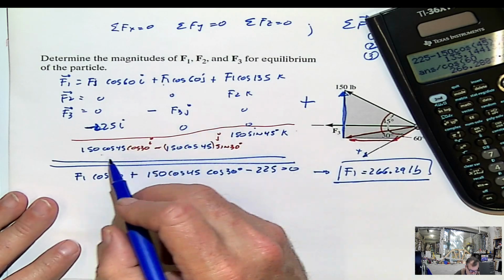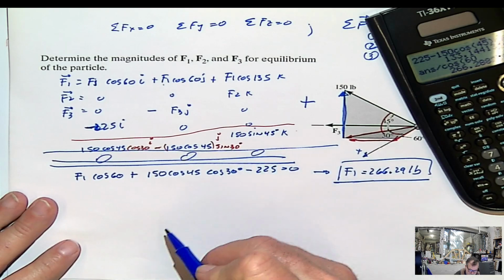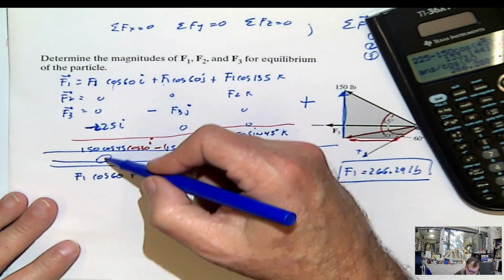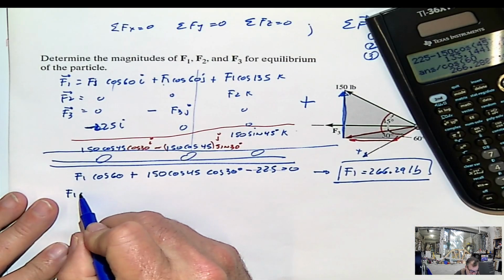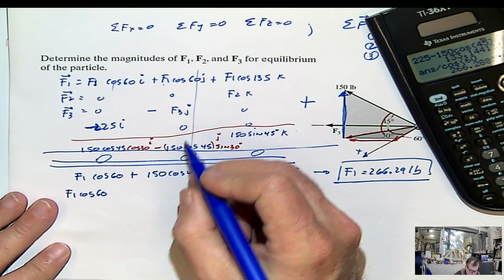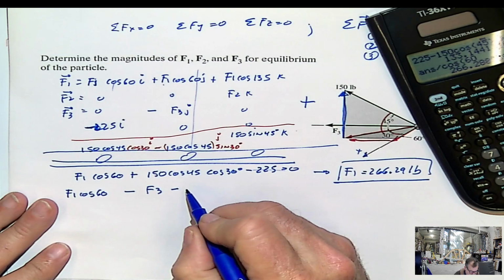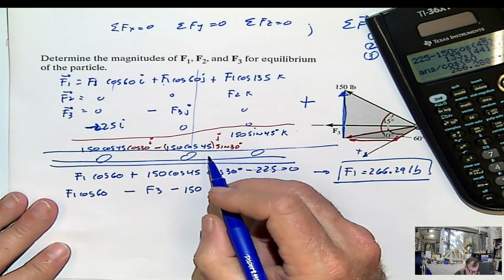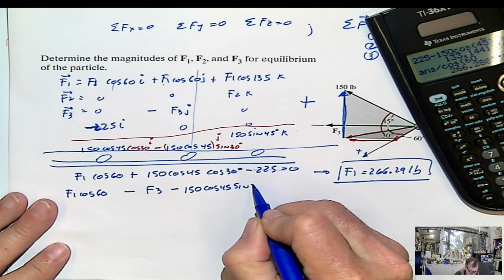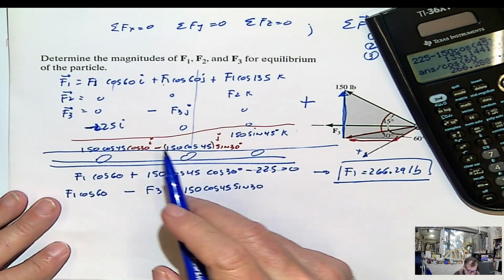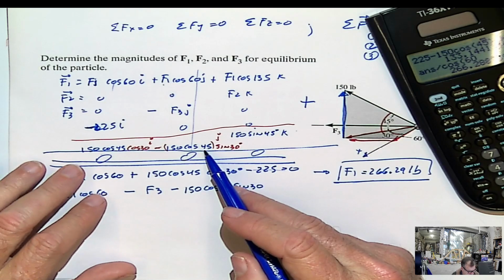The second one will be, now everything in J has to be 0 at the end. When we add this in equilibrium, this has to be 0, this has to be 0, and this has to be 0. The first one is this. The second one will be F1 cosine 60 minus F3 minus 150 cosine 45 sine 30 in this part, and that would be it, right?